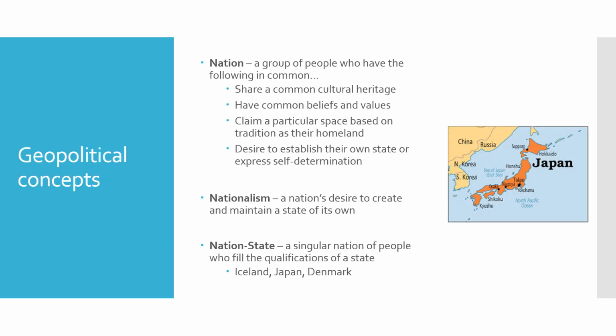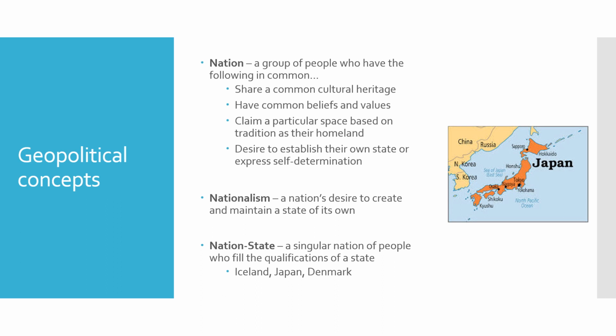So now that we have state defined, now we get a little more in depth. With state, you literally could pick any country on the map as your example. When we talk about nation, now we're looking at something that may not be captured by lines on a map. A nation is a group of people, which we would identify here for basically these first three bullets.